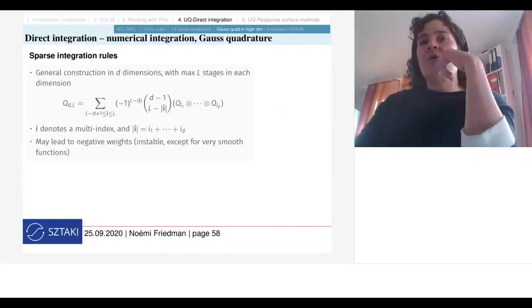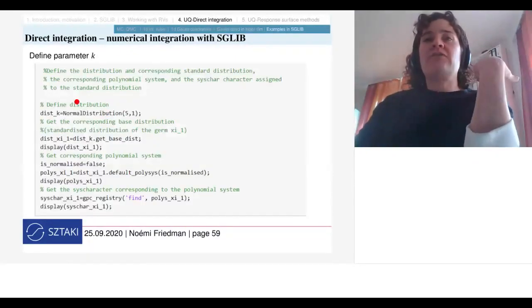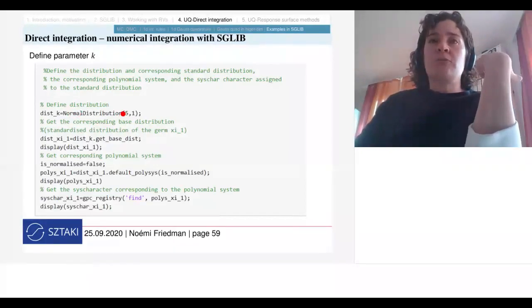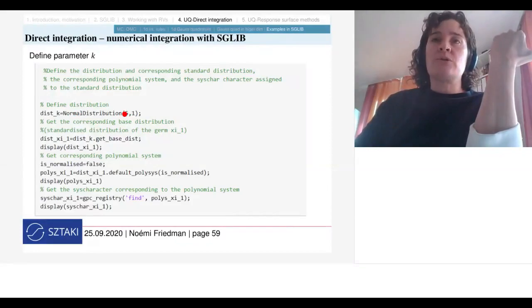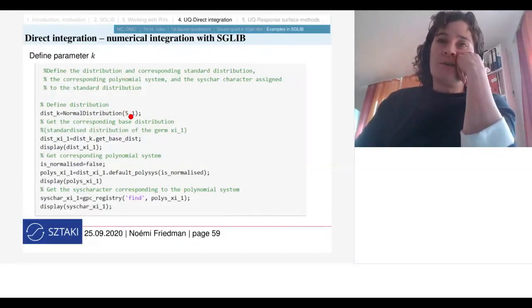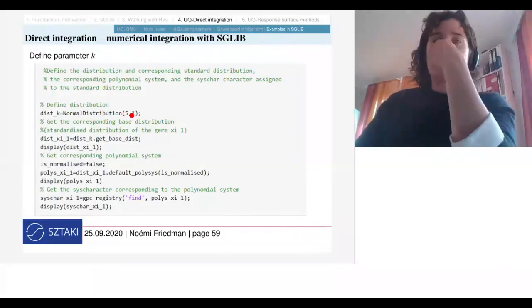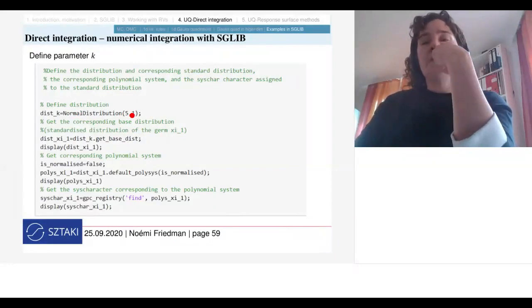If it's Gaussian, then you should have a standard normal Gaussian distribution, meaning with expected value 0 and variance 1.